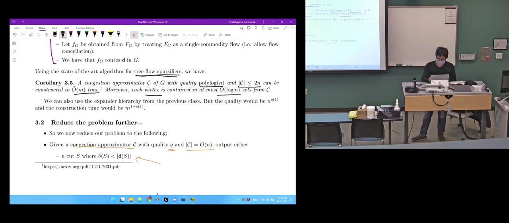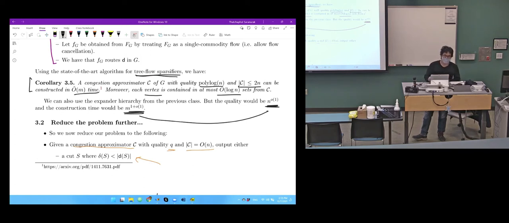And the quality was something like n to the little o(1), if you remember. And the construction time can be made fast too. So at least you see how to construct such a congestion approximator with slightly worse guarantee, but the better one is known. Okay.